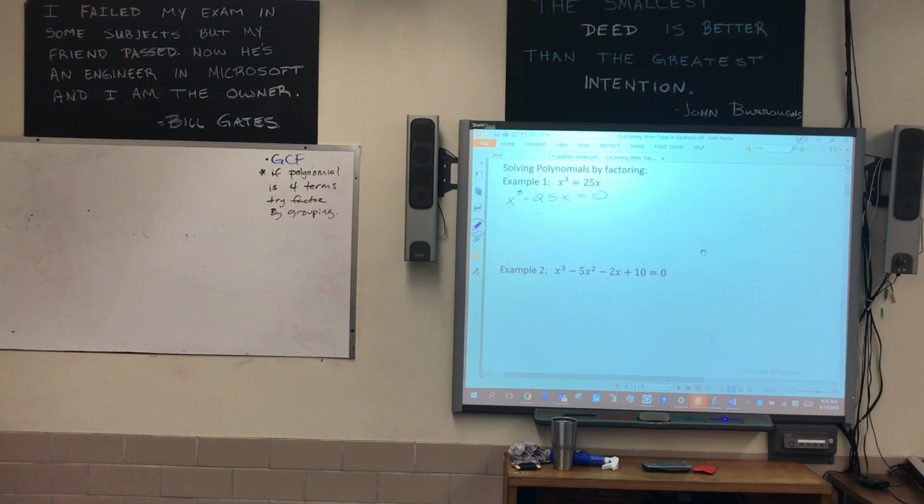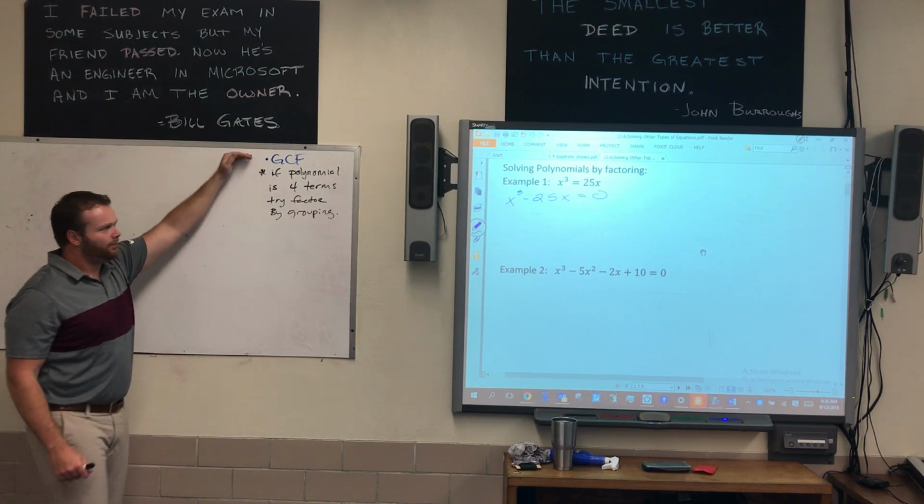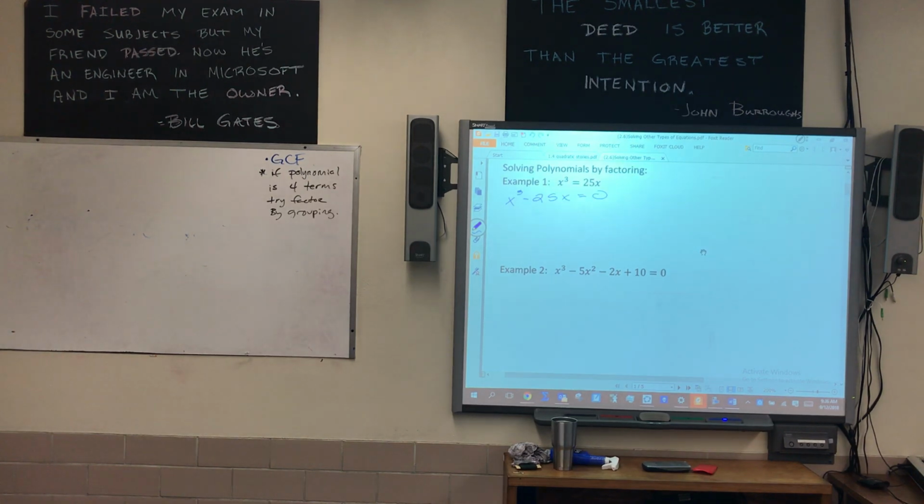Now at that stage, and I've written it over here on the board, it's part of our hierarchy for factoring. We talked about last week that the first thing I want to do, no matter what degree the polynomial is, no matter how many terms I have, because it makes things so much simpler if this exists, is to bring out a GCF, a greatest common factor.